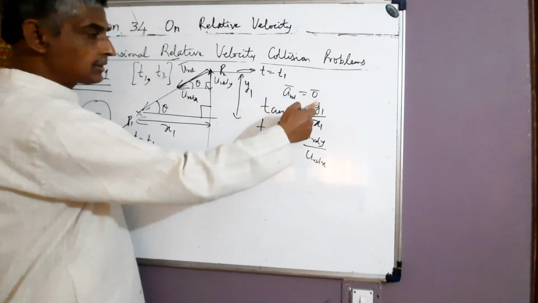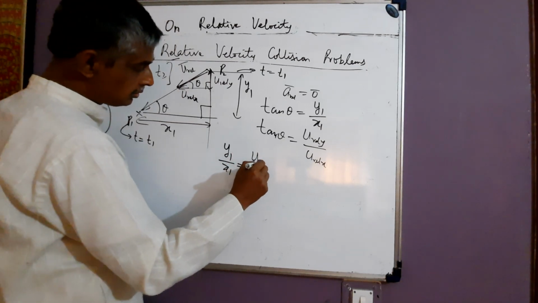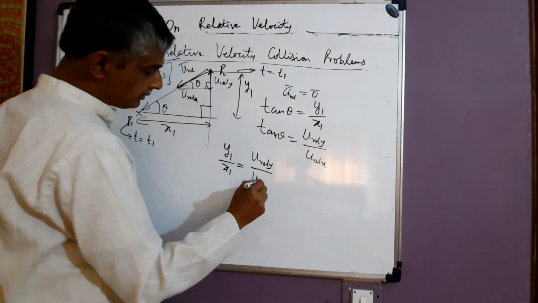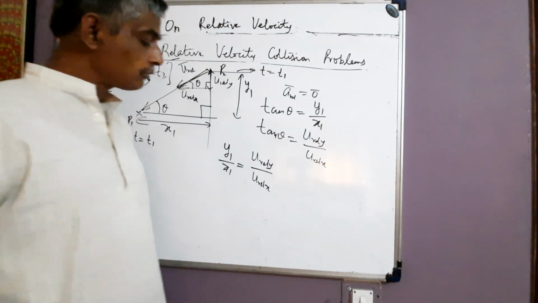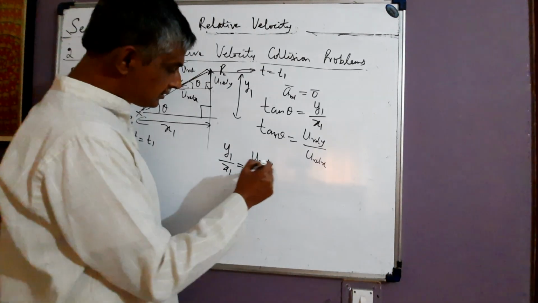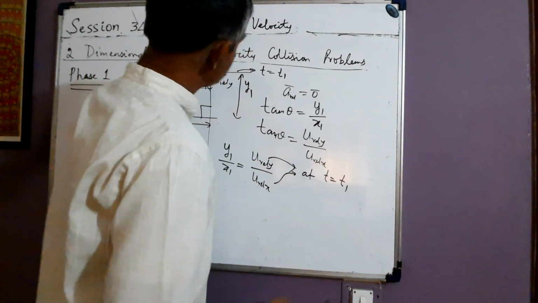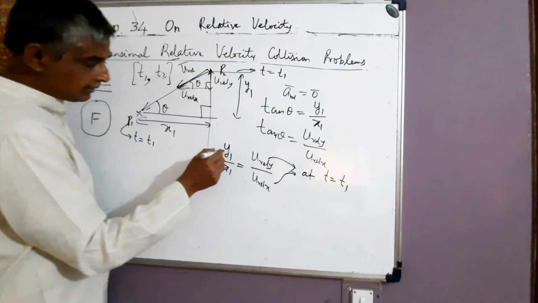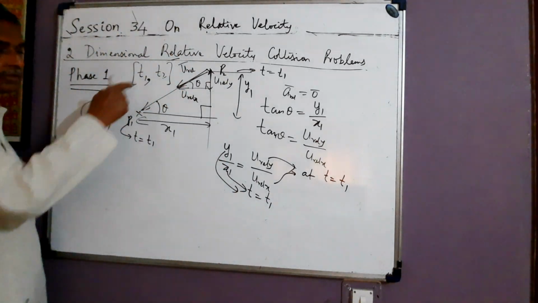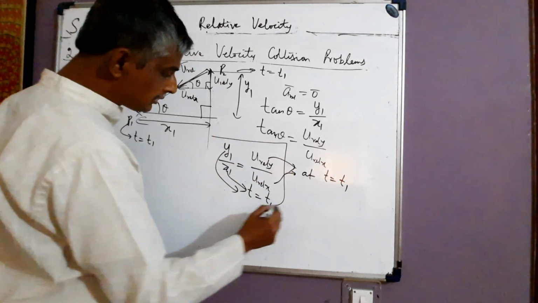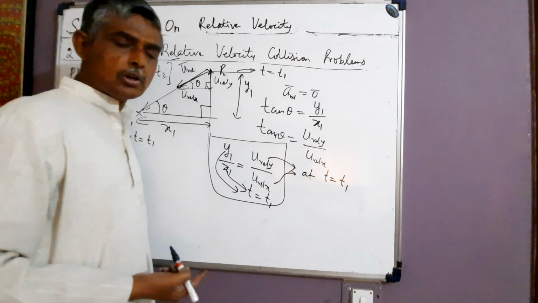From these two equations it follows that y1 by x1 is equal to u relative y by u relative x. These are the components of relative velocities at t = t1, that is at the start of this time interval, and these are the vertical and horizontal separations at t = t1, that is at the start of this time interval. This is going to be our working formula. This formula is generally very much applicable for projectile motion.